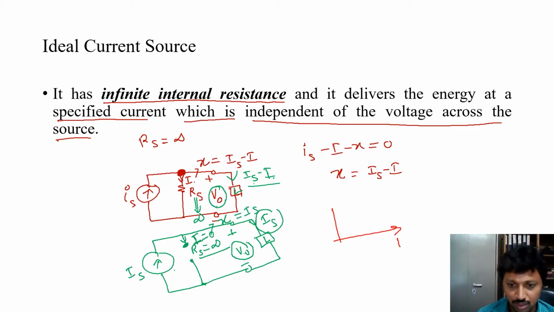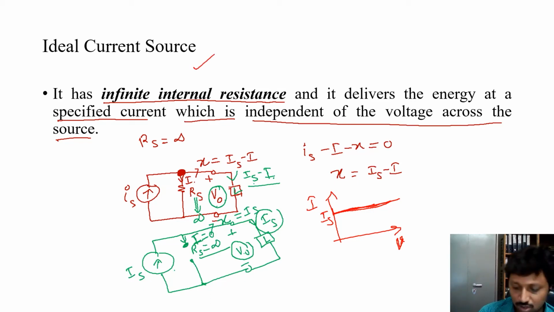This is V and this is I, and this one is the Is. Is is constant; it will not change at all. Even if V increases or decreases, this I will maintain constant. So this is the ideal current source characteristic.